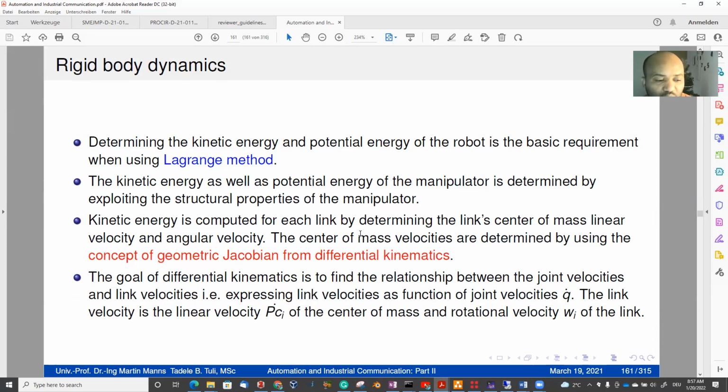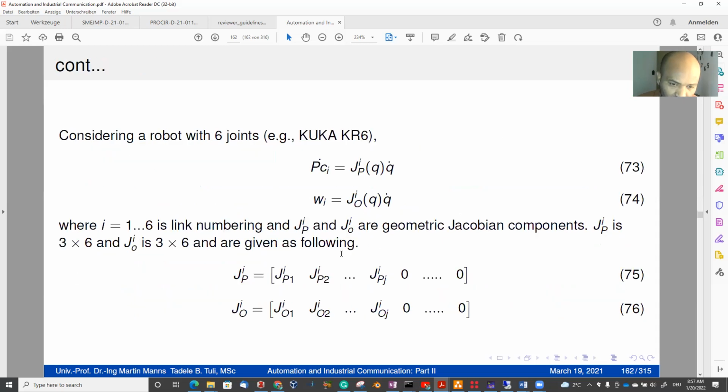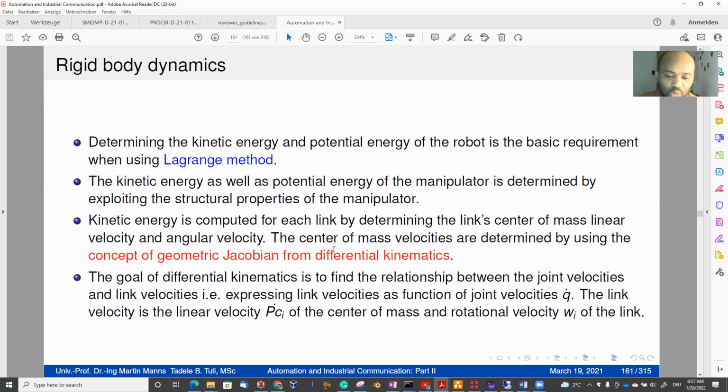The energy you expend during the operation, then you could model the dynamics. And the other is the Newton-Euler approach. The Newton-Euler approach applies the concepts of Newton and Euler, a linear motion and a rotational motion.